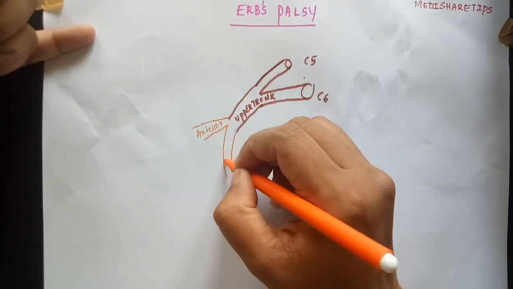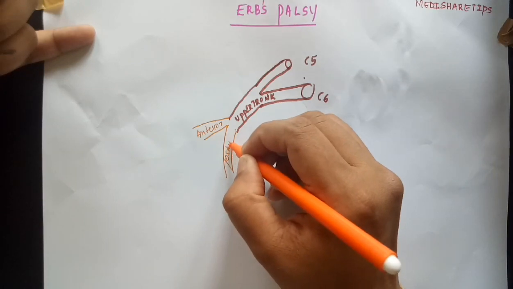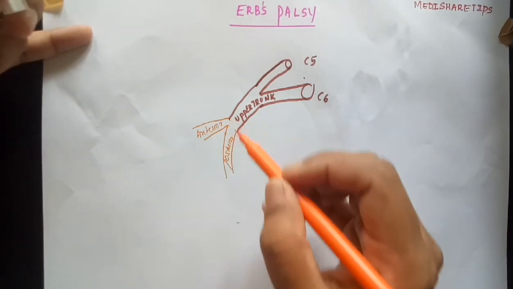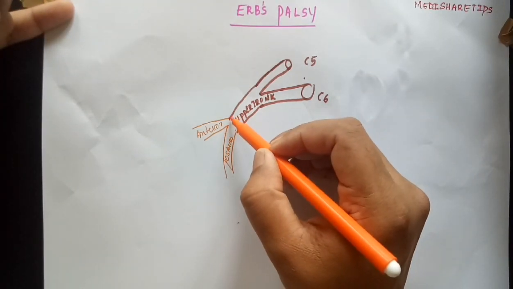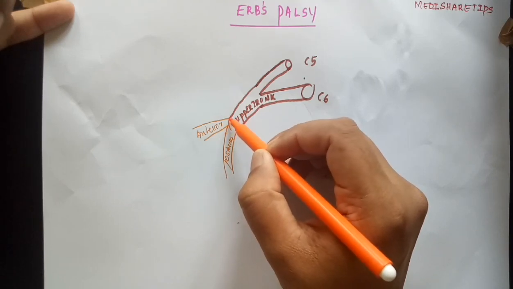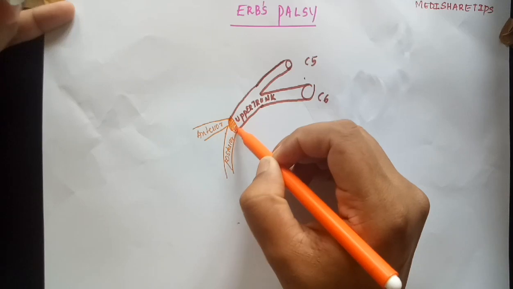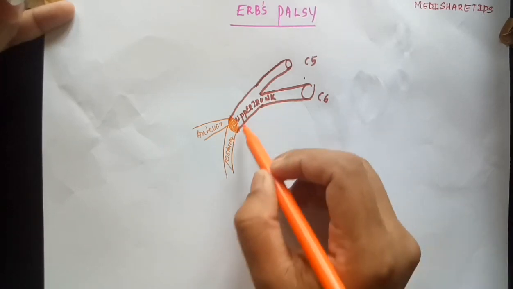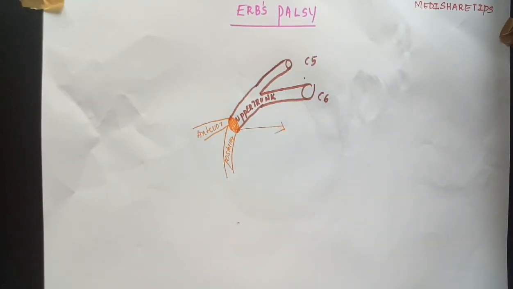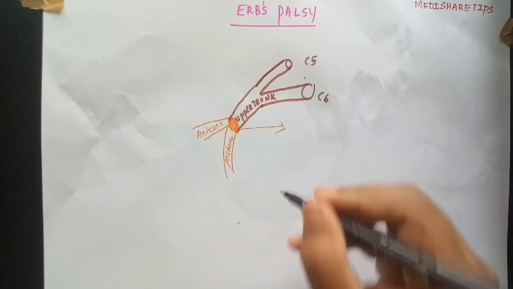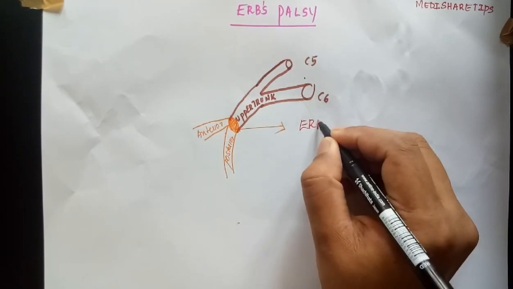So this is the anterior division, this is the posterior division. This point in the upper trunk is known as Erb's point.